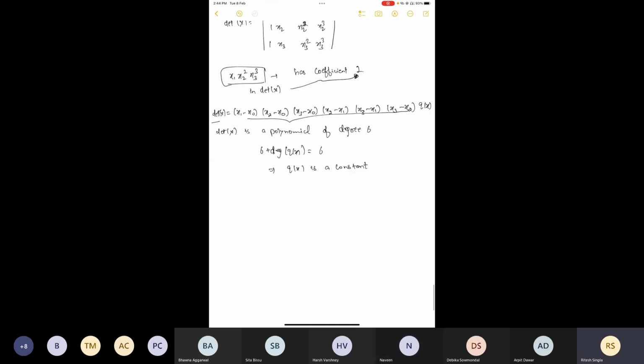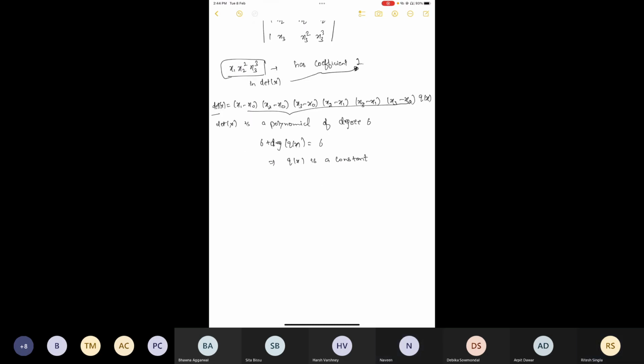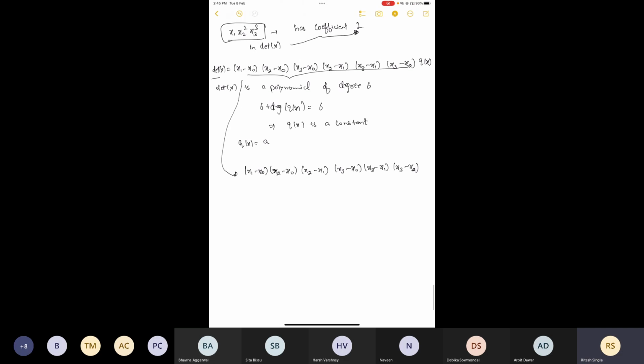So now q(x) is equal to some constant a. Then I can write this as (x1 minus x0)(x2 minus x0)(x2 minus x1)(x3 minus x0)(x3 minus x1)(x3 minus x2) into some a.